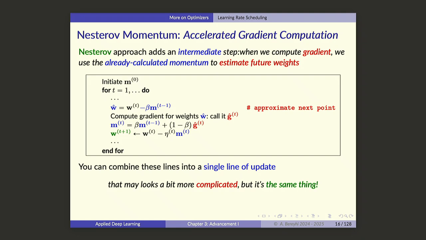So the question that Nesterov asked was, why should I compute the gradient at the point WT when I already know that I'm not going exactly with the gradient itself, but with the gradient plus the previous momentum? So maybe I can just move with the previous momentum, get to the middle point, and then compute the gradient.